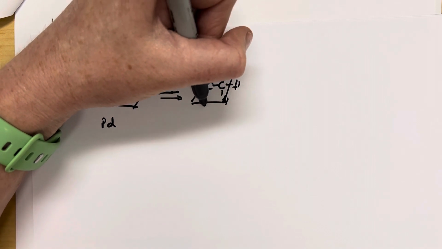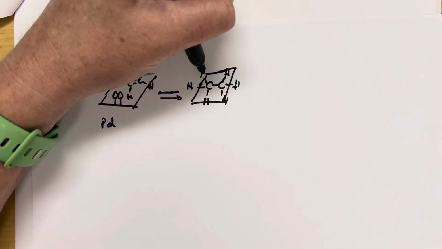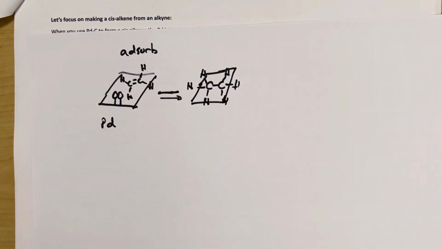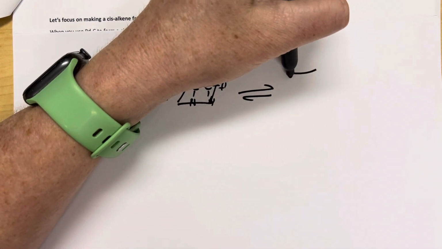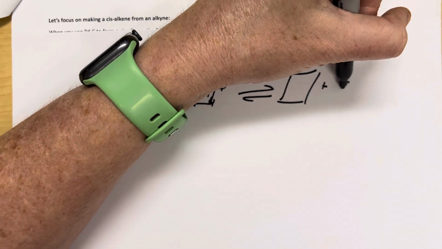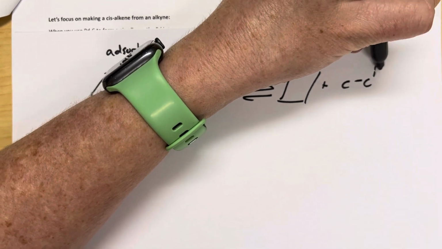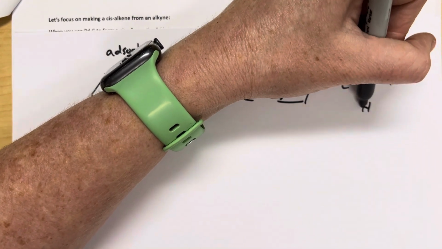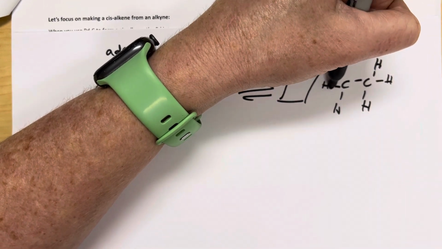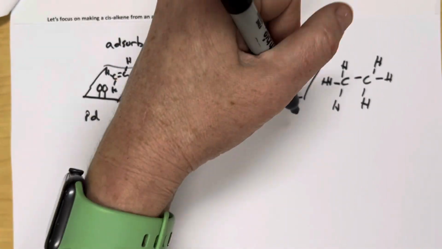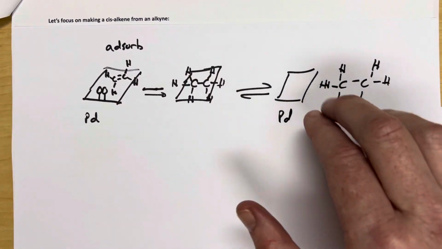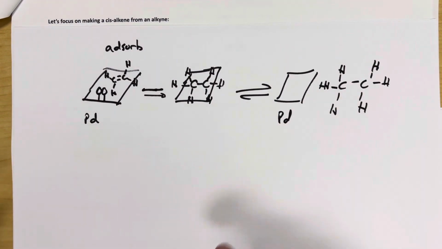It'll pull up those hydrogens and suck them onto it, and then it is free to go, and you have the alkane. That's about as good as I'm going to do it. And then you have the beautiful alkane left, and you have your initial palladium catalyst. That's what makes it a catalyst. It started off as a catalyst and ended as a catalyst.